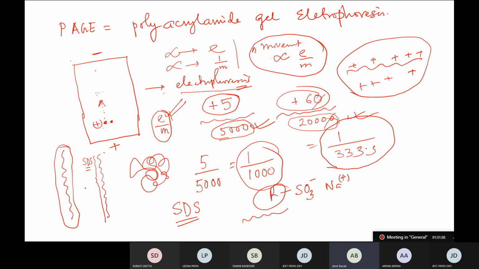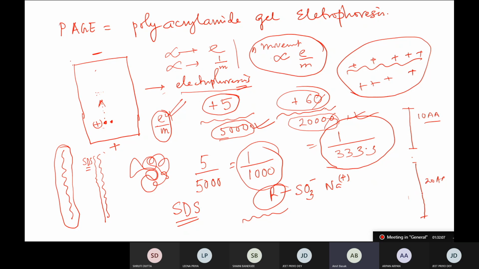So whatever protein you have, suppose you have a peptide containing 10 amino acids, and you have another peptide of 20 amino acids. If you are not adding SDS, then they will have some charges at a particular pH. And again, I repeat, the total charge will not be very high.